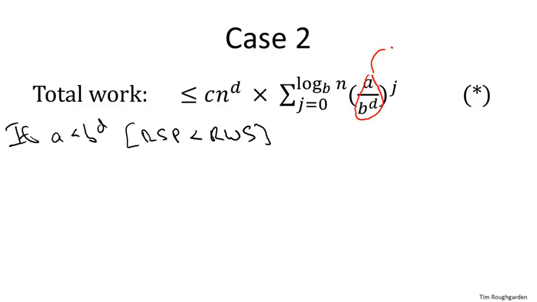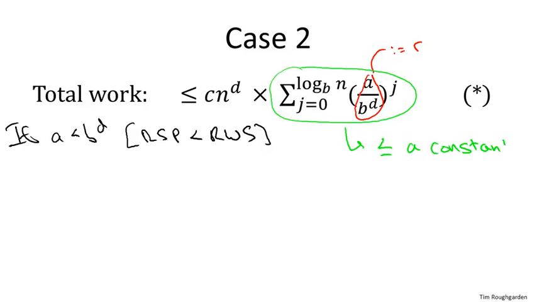So since a is less than b to the d, this ratio is less than 1. So let's call this ratio r. So r, you'll notice, does depend on the three parameters a, b, and d, but r is a constant. It does not depend on n. So what is this sum? We're just summing up powers of this constant r, where r is less than 1. What did we just learn? We just learned that any such sum is bounded above by a constant, independent of the number of terms that you sum up. So therefore, what does this expression star evaluate to?